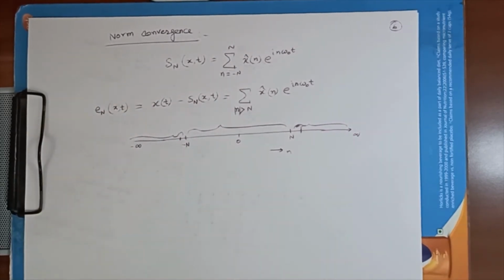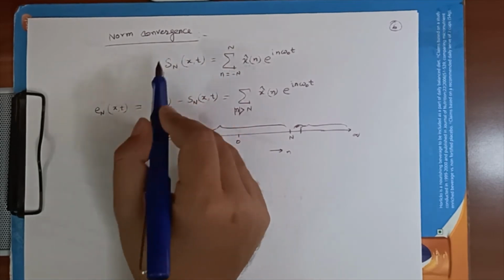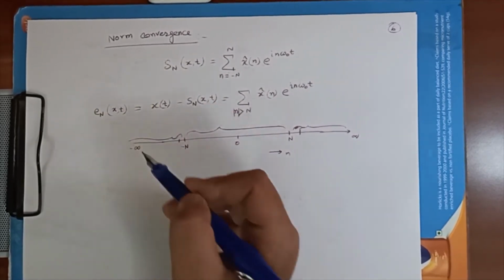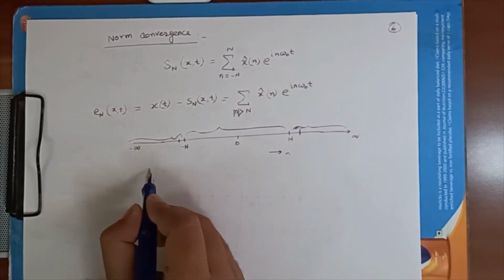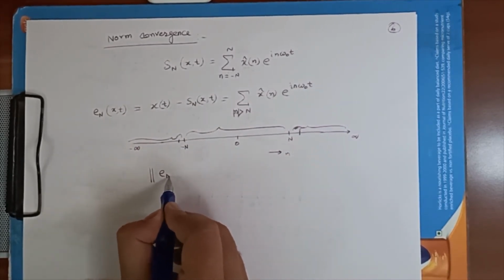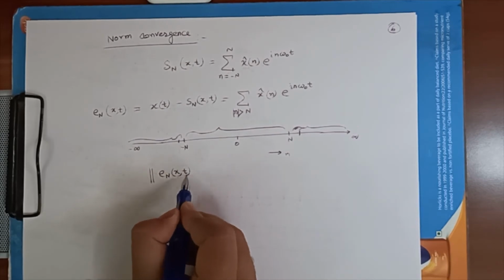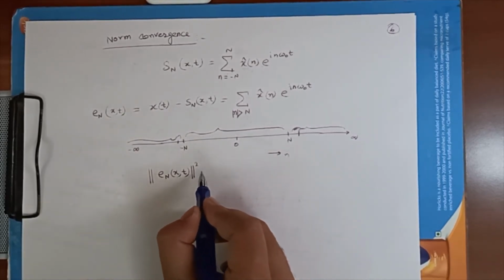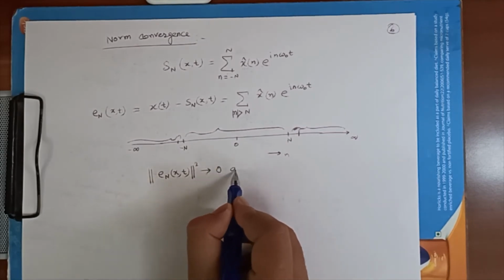So we say that this Fourier series, the partial Fourier series, converges to x(t) in norm if the norm of E_N x(t), the square or whatever, goes to 0 as N tends to infinity.